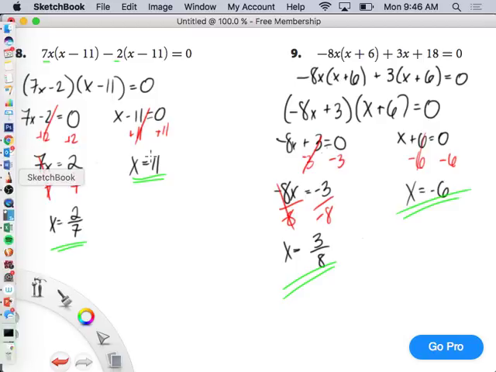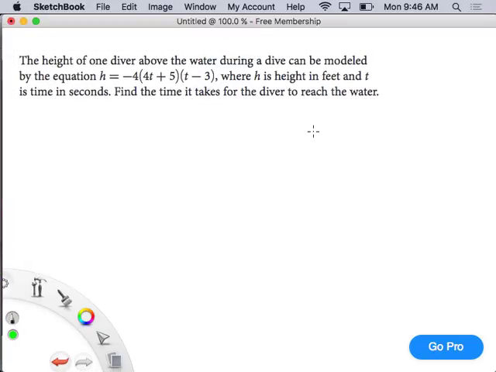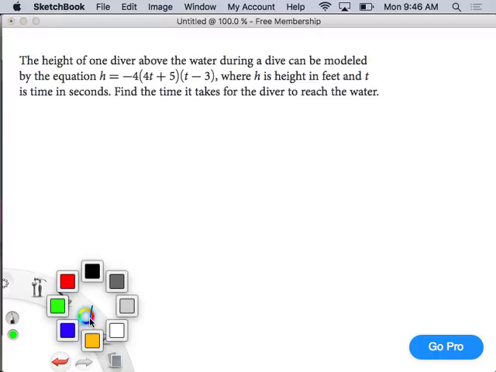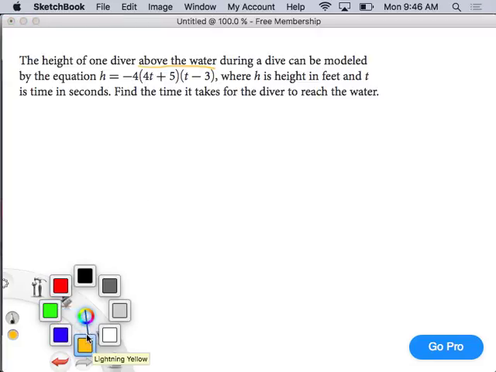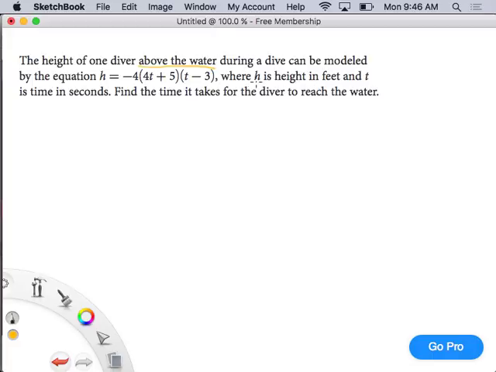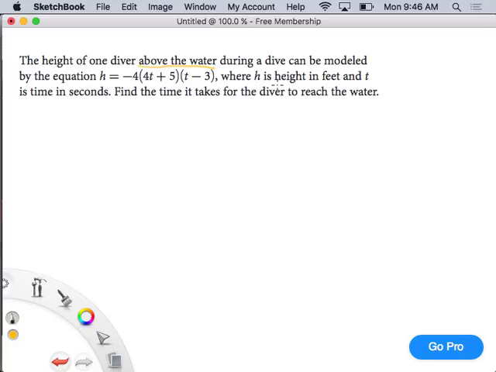So let's take a look at this. The height of one diver above the water. That's a key thing right there, above the water. The height above the water can be modeled by the equation here, where h is height in feet and t is time in seconds.